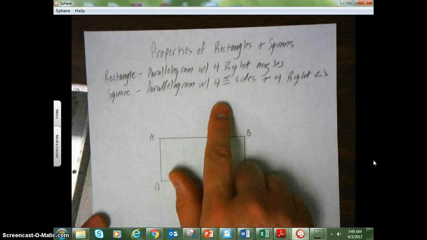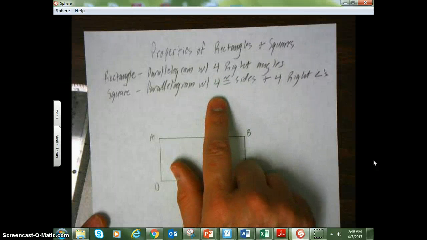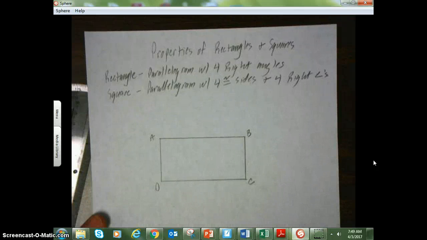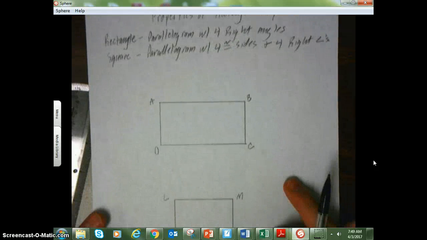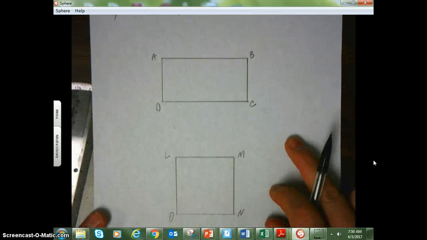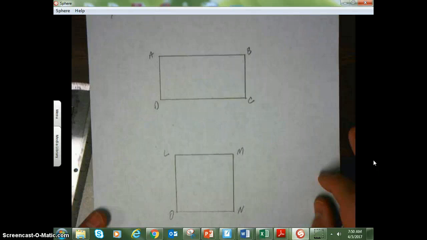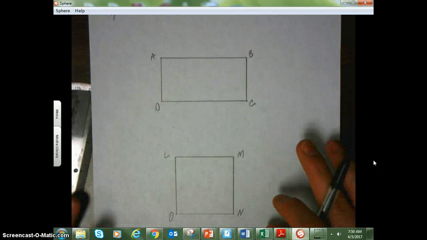The rectangle does have four right angles and the square does have four congruent sides and four right angles. I just measured them rather than using my compass and straight edge to actually make the congruent segments and the right angles. But if you're going to follow along, make sure you draw yourself a square and a rectangle to begin with, and when you're ready, go ahead and hit play again so you can follow along with what we're going to do.